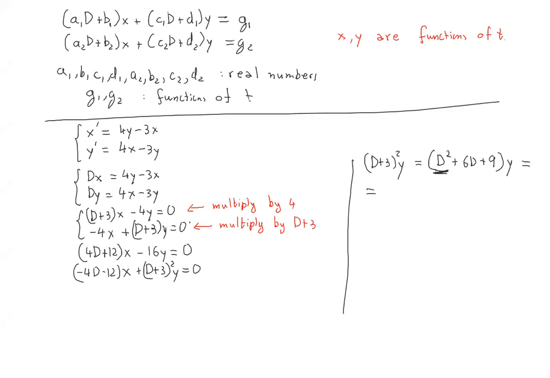So d means to take the derivative, right? So what does d squared mean exactly? d squared will be to take the second derivative, and 6d will mean 6 times the derivative of y, and then plus 9y. Okay, I know the first time that anybody ever sees something like that, it looks very, very strange. But in 20th century mathematics, this is actually a quite routine thing to do.